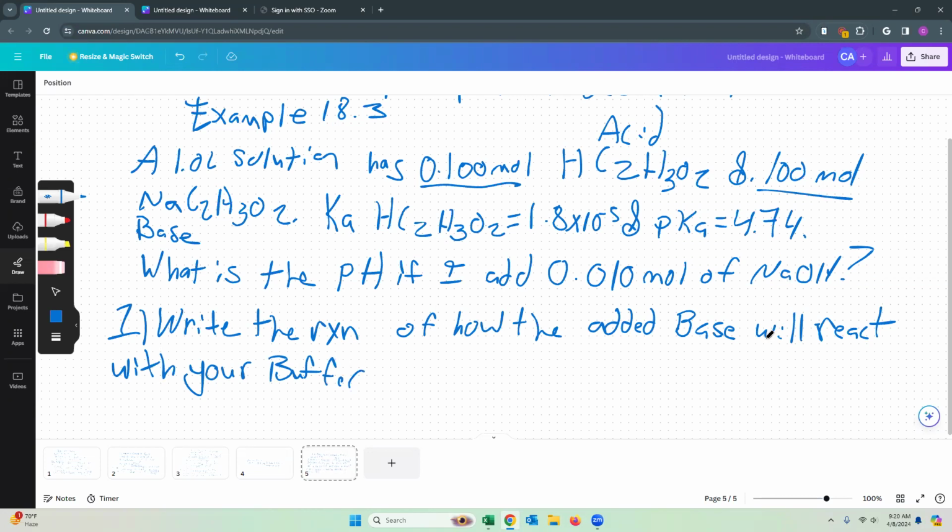NaOH is a base, and so a base will interact with our acid.